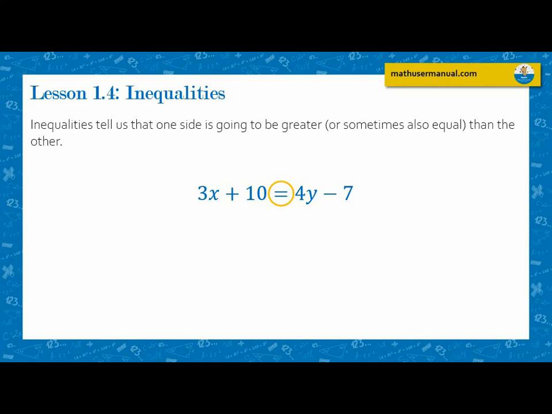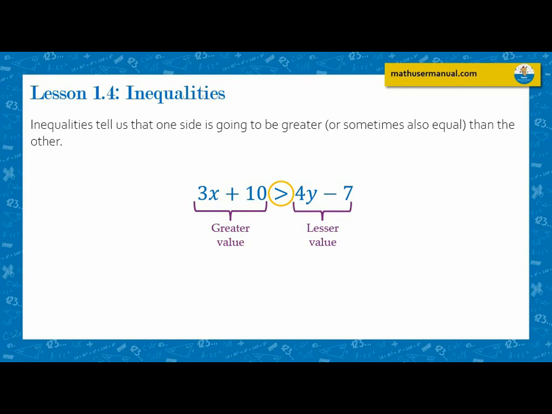To talk about inequalities, we need to replace that equal sign with this other symbol we have here. This symbol is telling us that the left side of this equation is greater than the right side. So we no longer have both sides equal. We now know that one side is going to be greater than the other side.